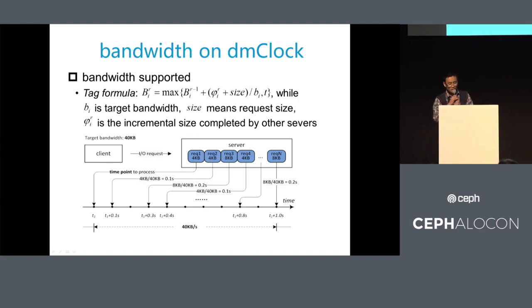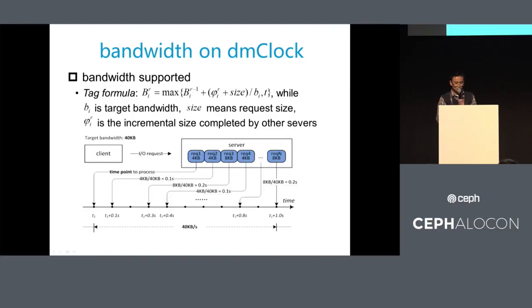Request 1 is processed at time T1 here. And the subsequent requests will be processed later after the last one according to their own size. Request 2 is 4 kilobytes, so it will be processed at 0.1 seconds after request 1.